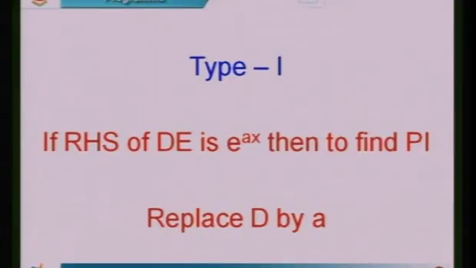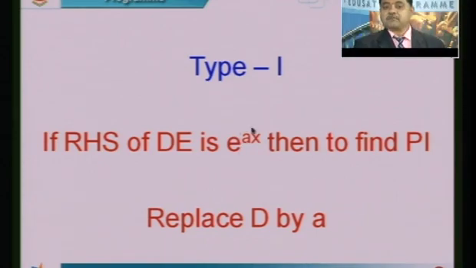If the right hand side is in e power ax format, then it is definitely under type 1. For type 1, what is the condition? If RHS of the differential equation is e power ax, then to find PI, particular integral, replace D by a. Wherever your capital D is there, replace it with small a. Where is that a? It is in e power ax, the coefficient or power of e.